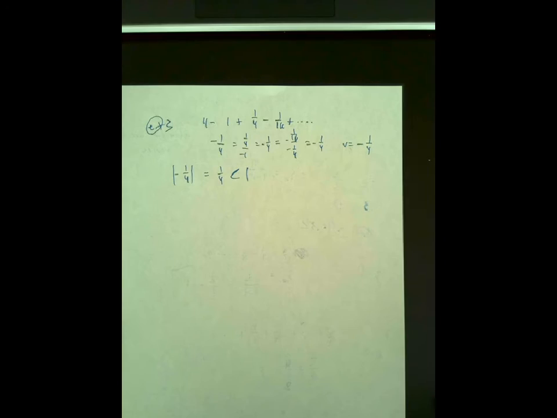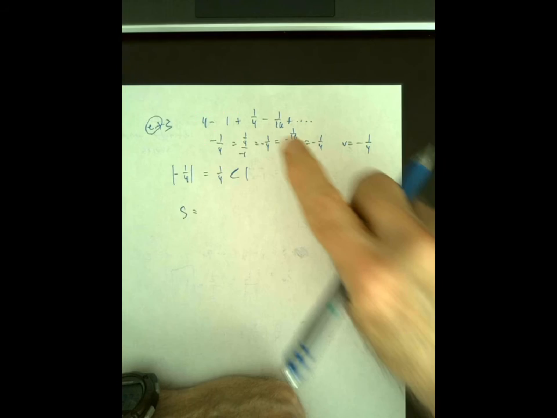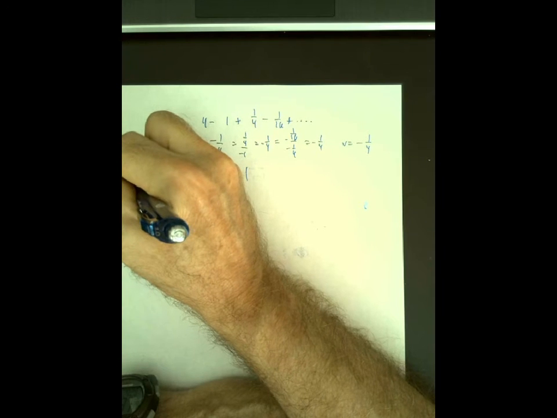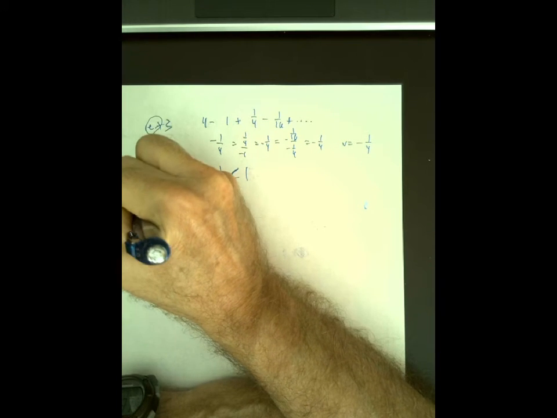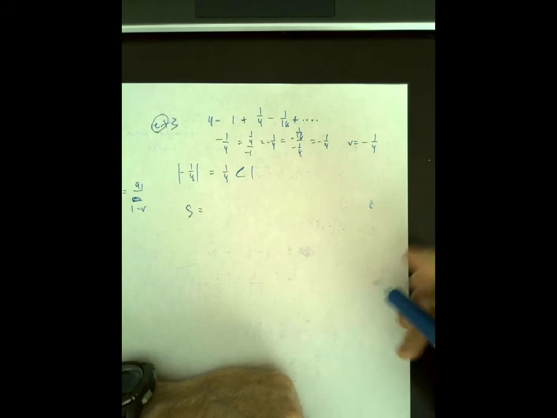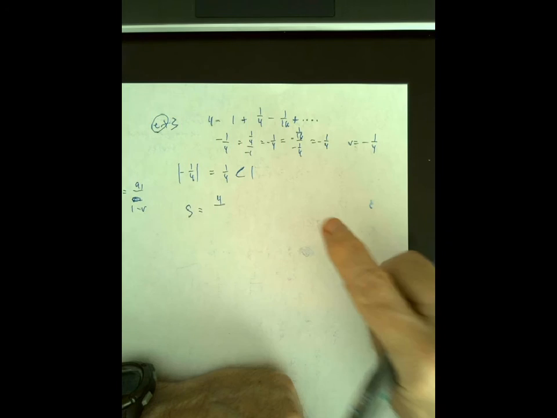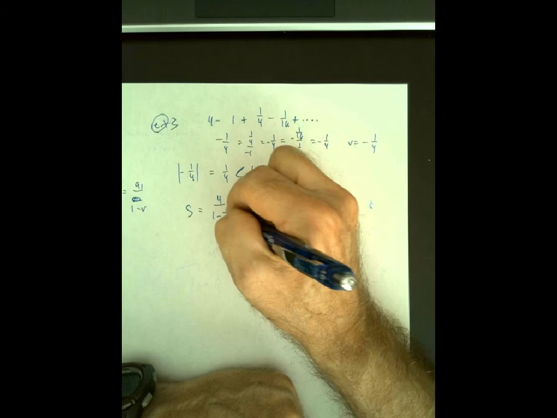So it converges. So to find the sum of that series, S is, remember, the sum of the series was A1 over 1 minus R, okay? So the first term is +4, and then 1 minus -1/4, right?